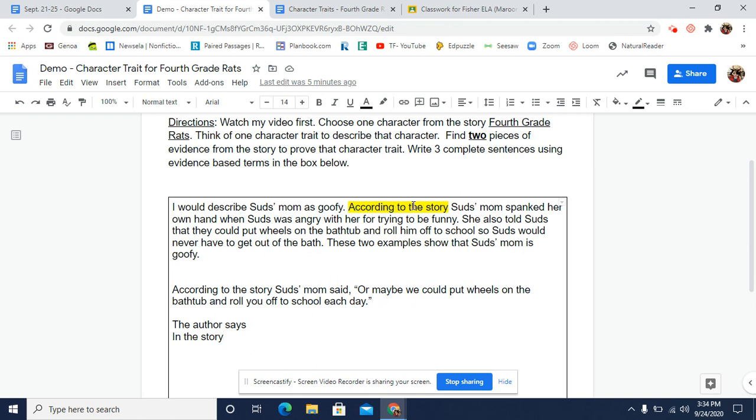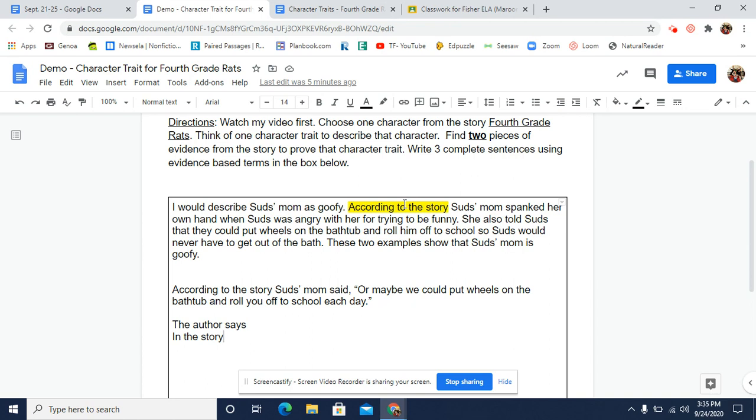And I'm going to say, according to the story. And the first example, do you remember when Suds was upset because his sister was calling him rat and he was just so frustrated? And so she started talking to him and she was saying, maybe you're too sensitive about this and it'll just kind of blow over. And she was trying to be funny with him and he was like, you're not funny, mom.